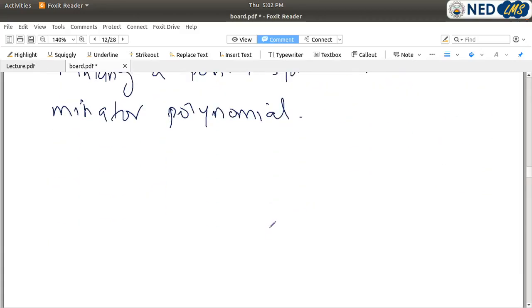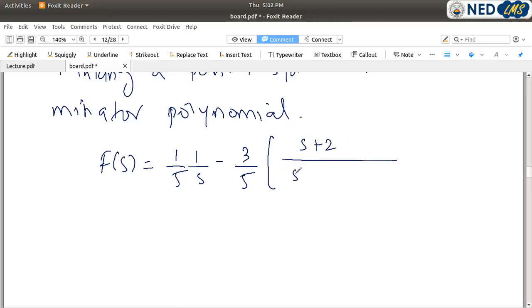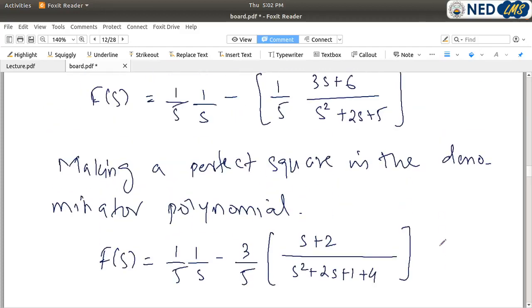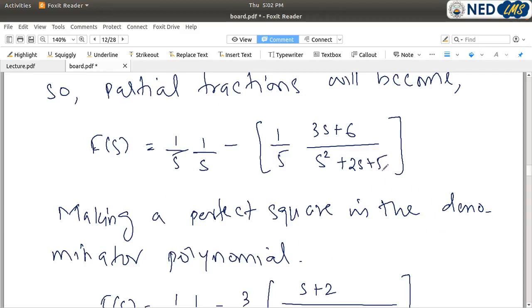So f of s will become 1 by 5 into 1 by s minus 3 by 5, taking 3 out of this factor, it will become s plus 2 over s square plus 2s plus 1 plus 4. This 5 can be written as plus 1 plus 4.